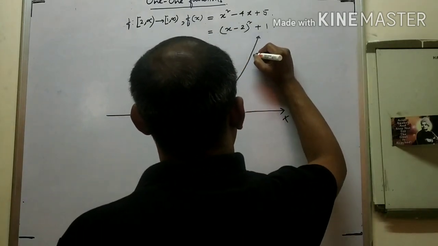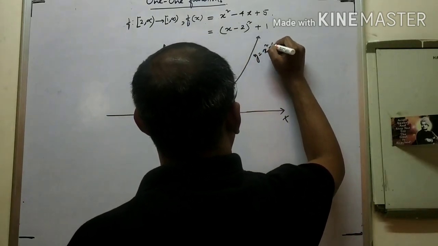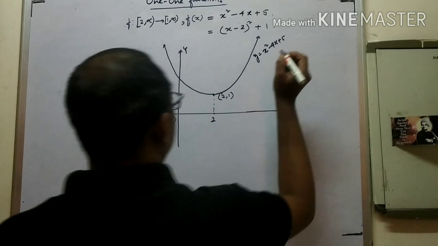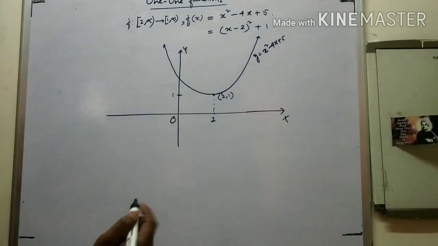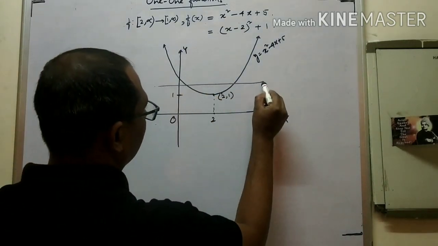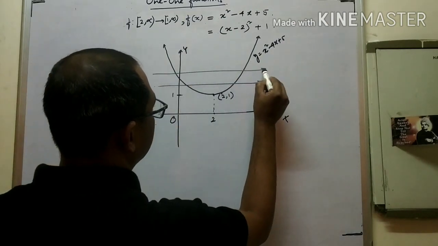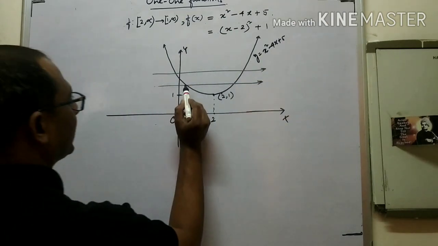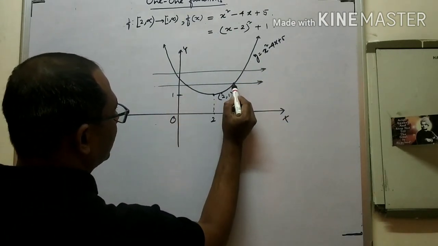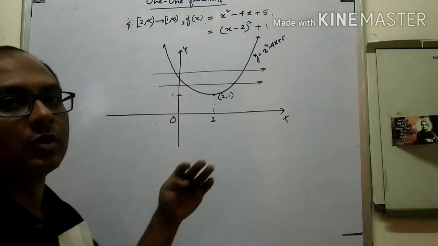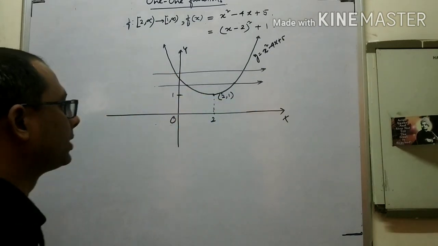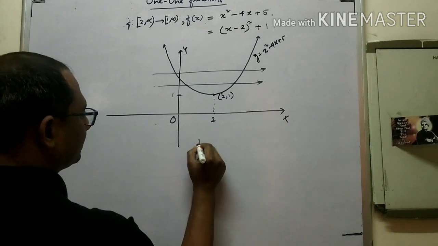So this is the graph of y equal to x square minus 4x plus 5. What we are looking for in 1-1 is that there are definitely instances where lines parallel to the x-axis cut the graph at more than one point, showing us that the function is not 1-1.